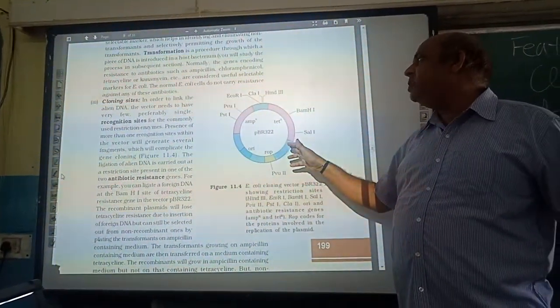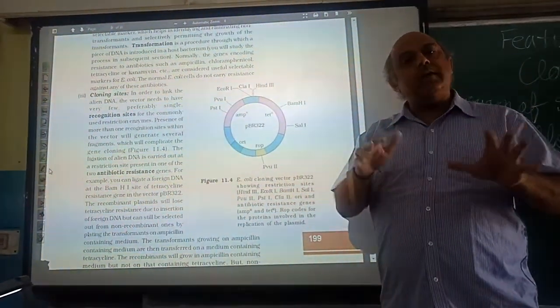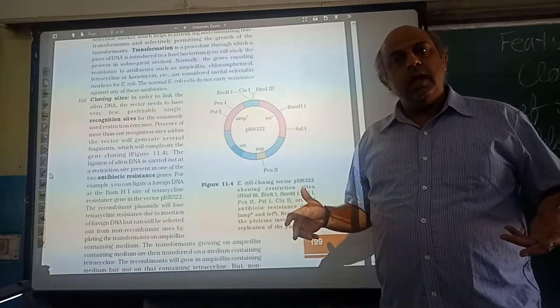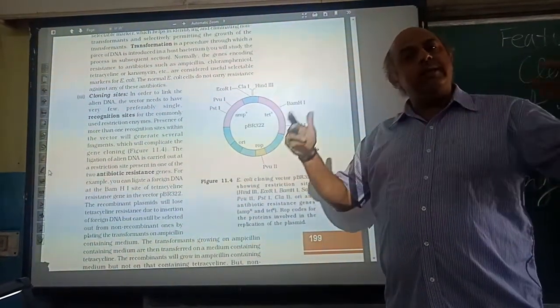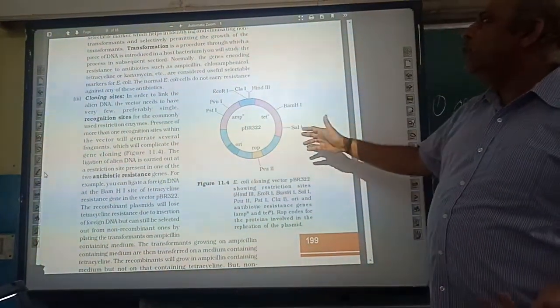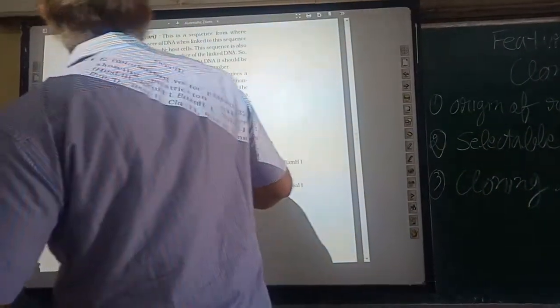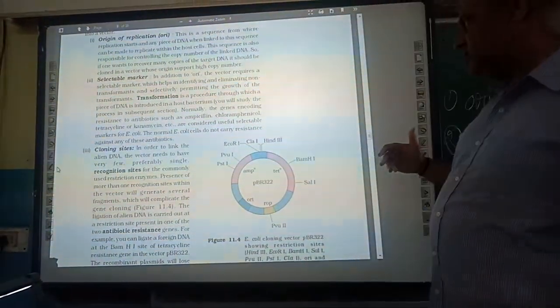PBR 322 is a plasmid which was originally taken from Escherichia coli bacteria. Later on, it was genetically modified. On this plasmid, we can see 2 selectable markers.